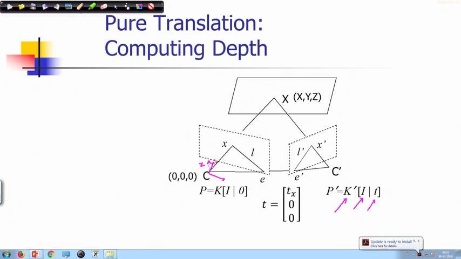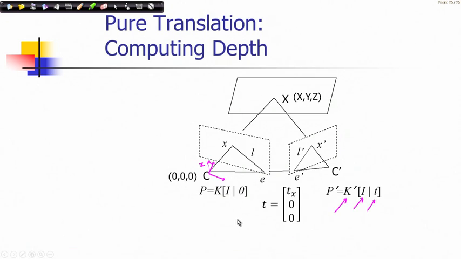So, let us see how we can compute this z considering the corresponding points x and x prime in the stereo view. Now, the camera center of the second camera should be minus T x 0 0.